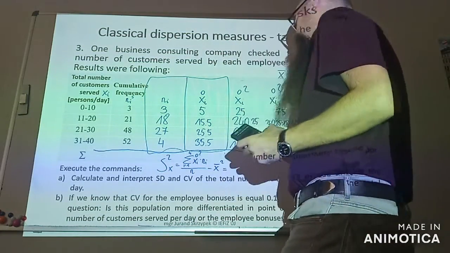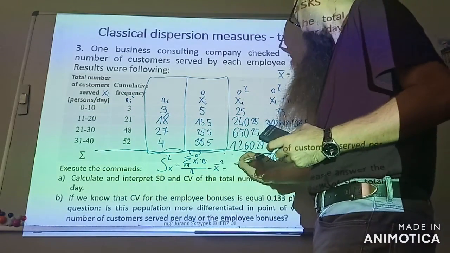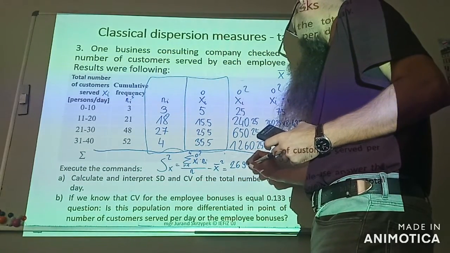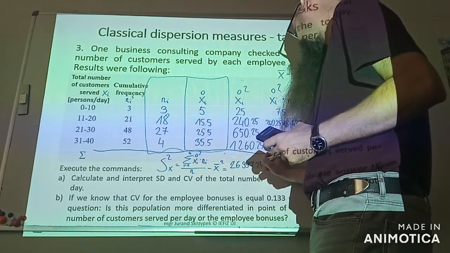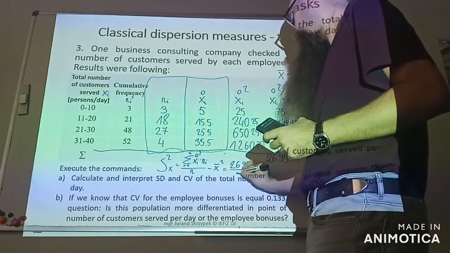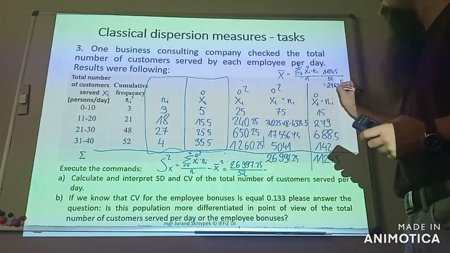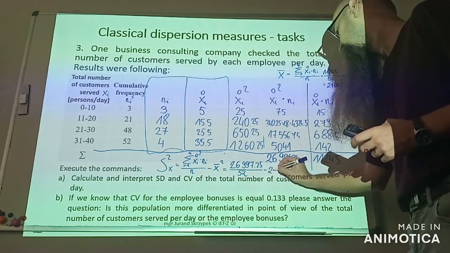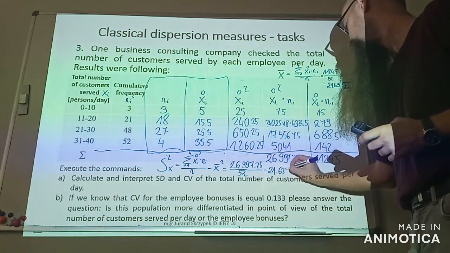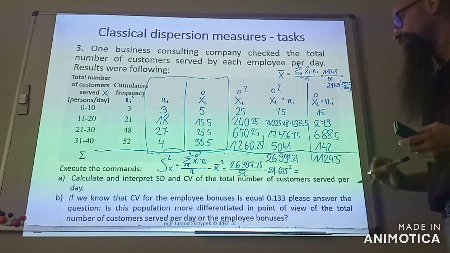So variance here yields to 26,997.25 divided by the population size 52 minus the arithmetic mean 21.625 squared, of course.